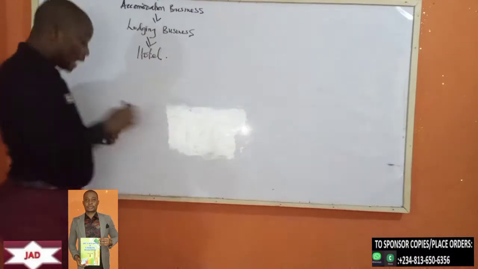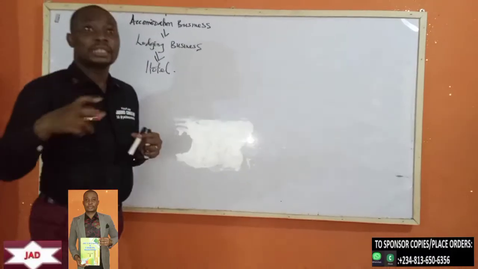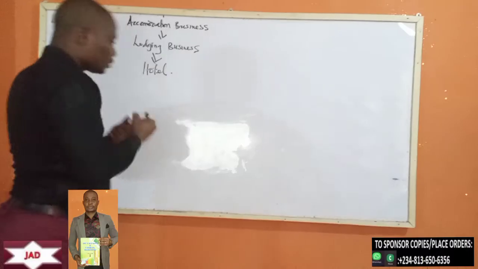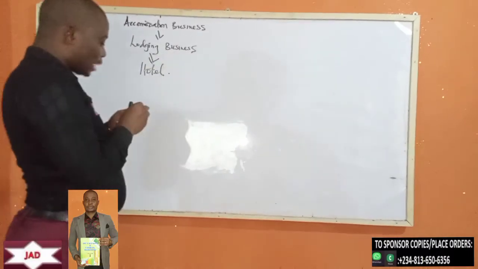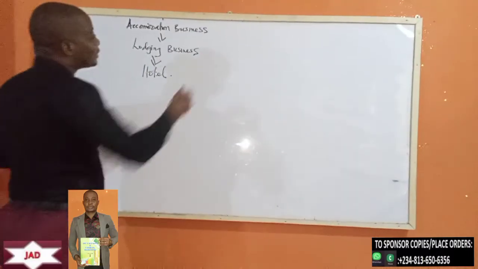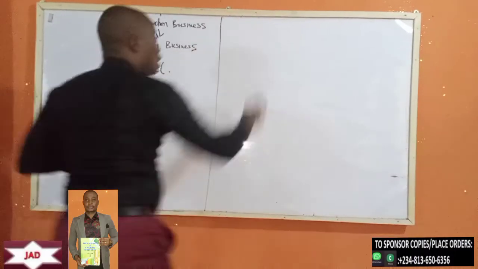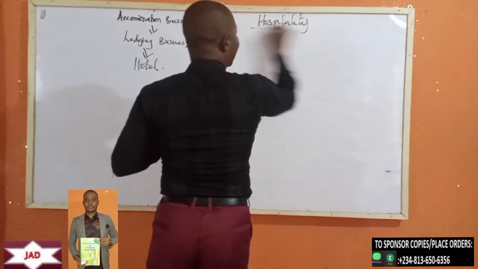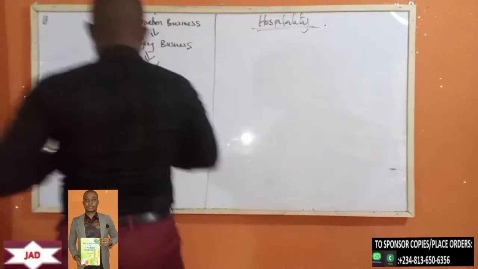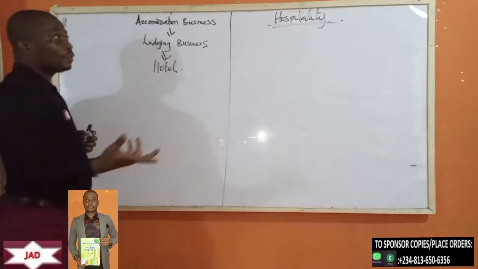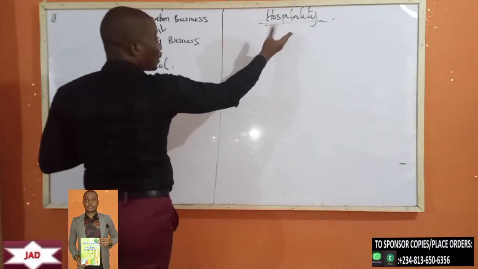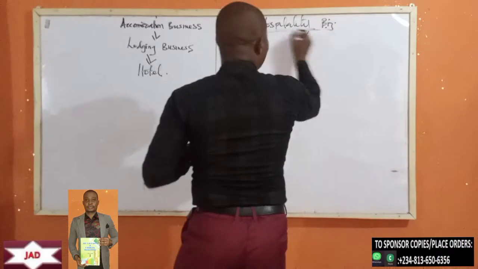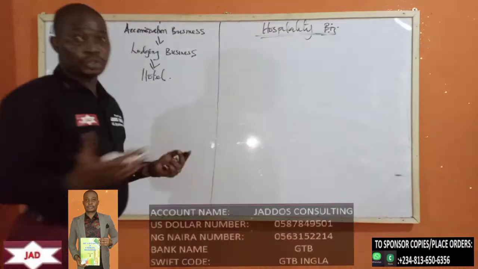But you must also understand that when the term hotel comes to mind, some believe that it is actually categorized as hospitality. One thing you must understand is that findings reveal that the hospitality business has broad categories.